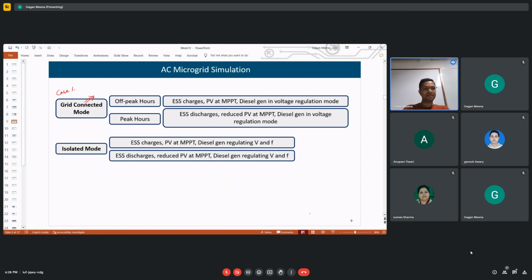So they are slower. And if all of them are considered together, then the fast one will do its work and the slow one has not even started. So that is the problem. If all of them work together simultaneously, then the fast acting devices will be providing all the reactive power. They will provide the reactive power requirement, and the slow will not be able to do that.